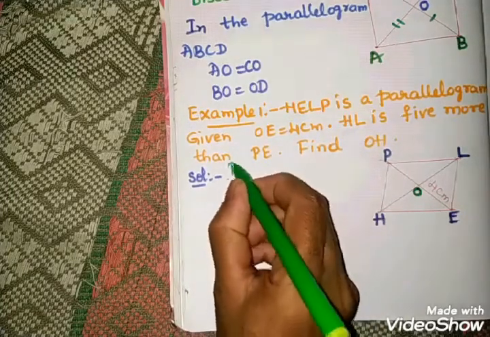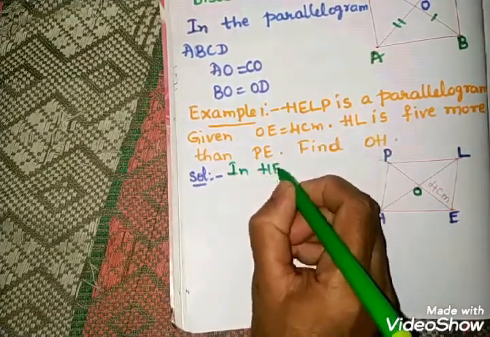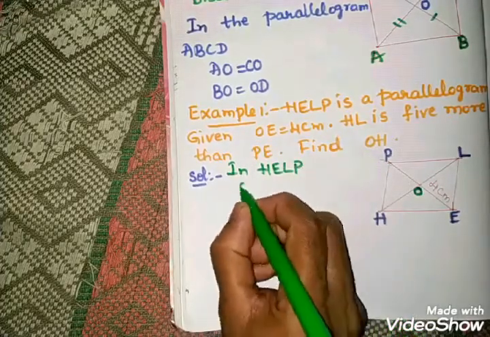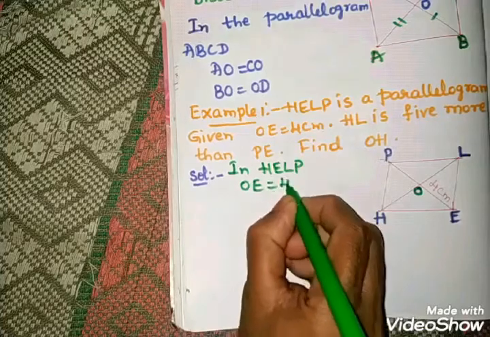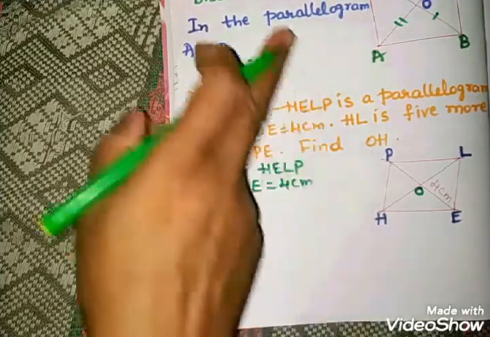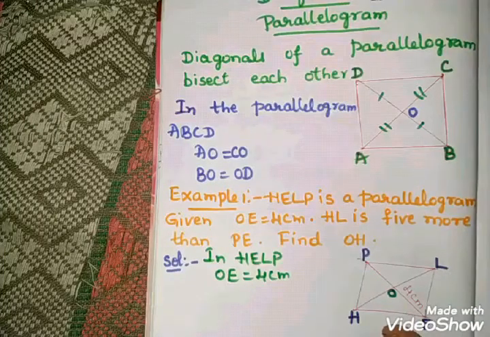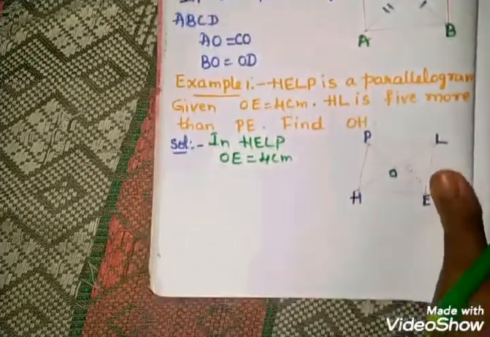Now, HELP is a parallelogram. In that, what is given? OE is equal to 4 centimeter. Therefore, according to the property, diagonals of a parallelogram bisect each other.